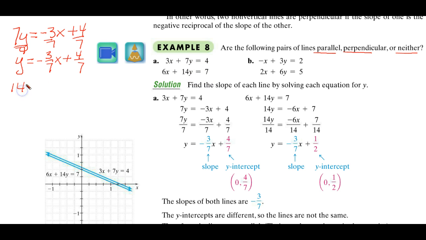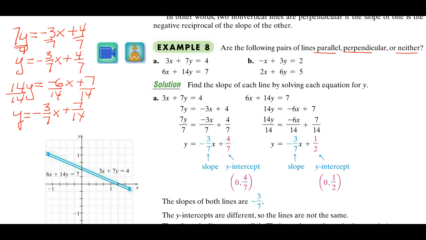Now I solve this equation for y. I have 14y, transpose the 6x, equals -6x plus 7. Divide everything by 14. And I get y equals, simplifying this, -3/7 x, reducing that, plus 7/14.